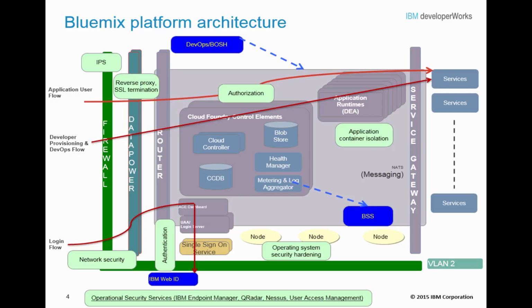Next, the health manager will monitor your applications to determine their state, whether running or stopped or crashed. Also, the application version and number of instances running. The Droplet execution agent maintains application instances, tracks the started instances, and broadcasts the messages regarding the state of the application instances.